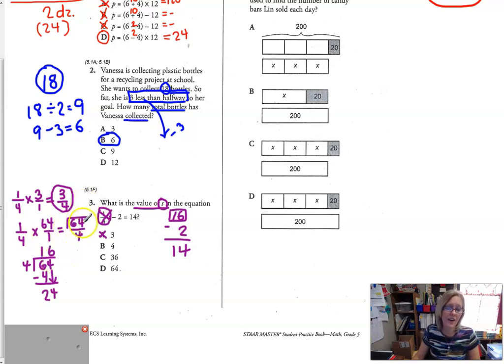When I divide 64 by 4, I got the number 16. So 64/4 is also known as 16. So once I figured that out, 16 minus 2 is 14. I found my answer right there.